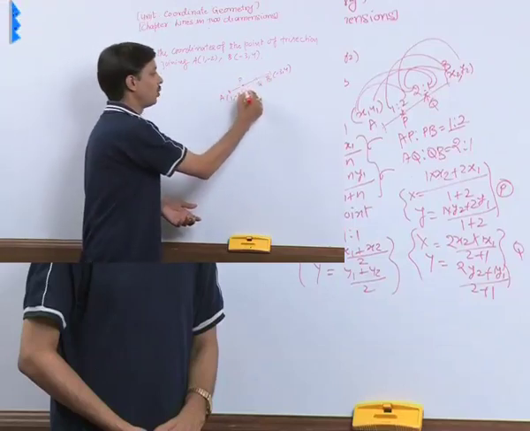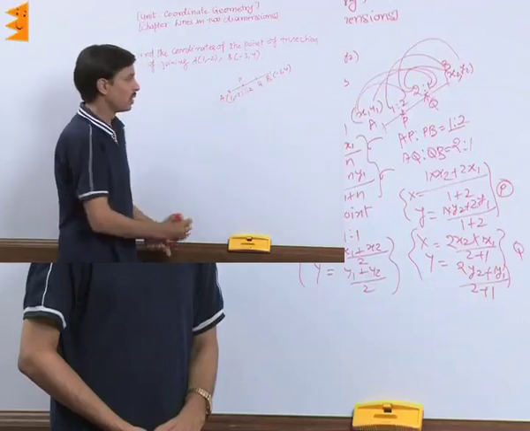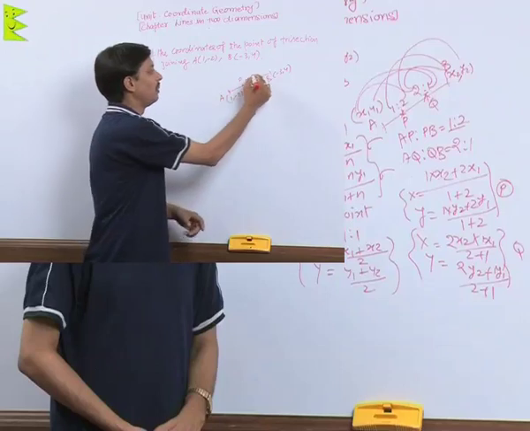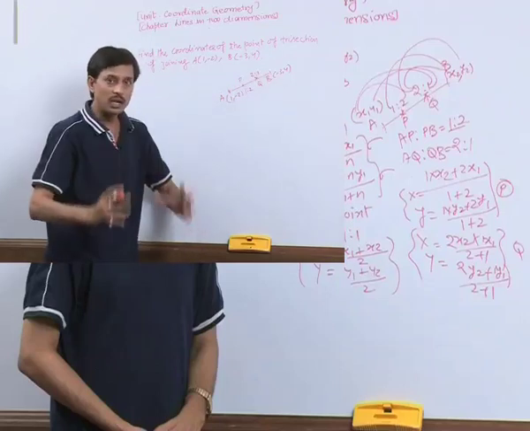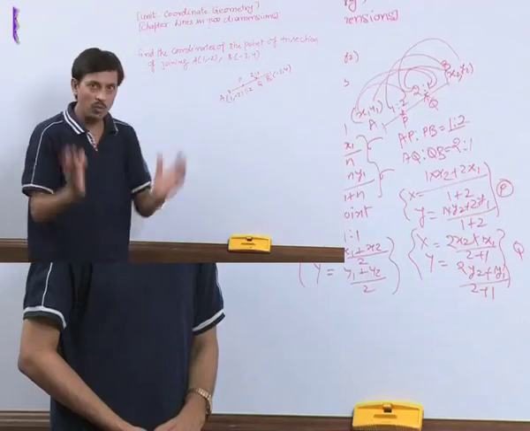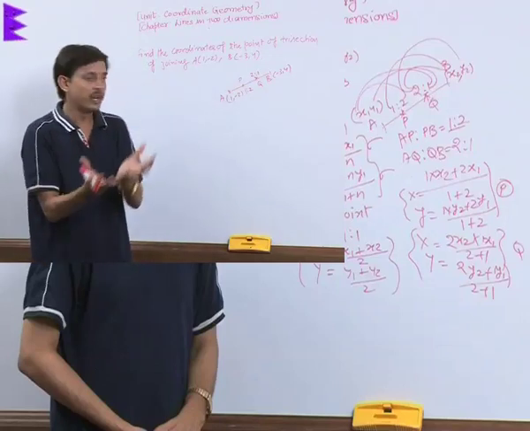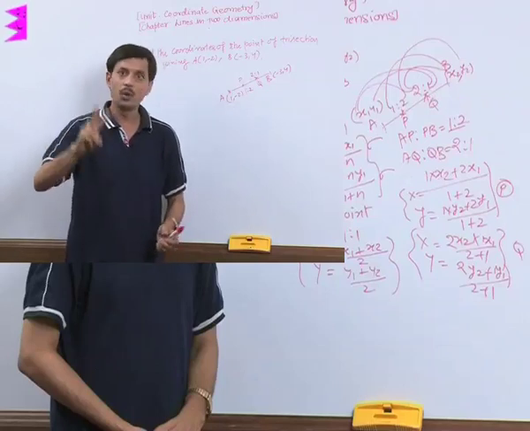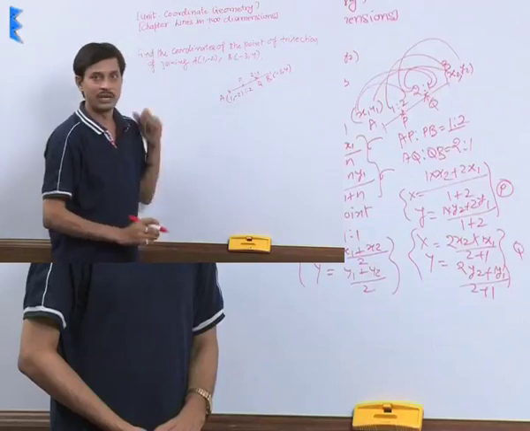So the ratio becomes 1:2. And at Q, the ratio from A to Q and Q to B will be 2:1. Ultimately, whenever we want to calculate the coordinates of the trisection, it means that we will calculate the coordinates of 2 separate points.